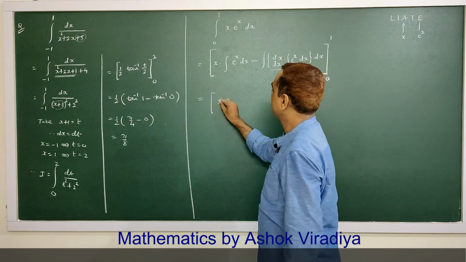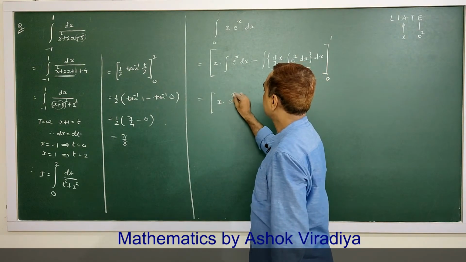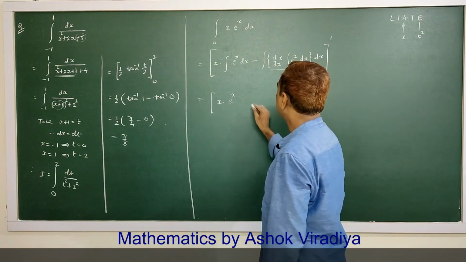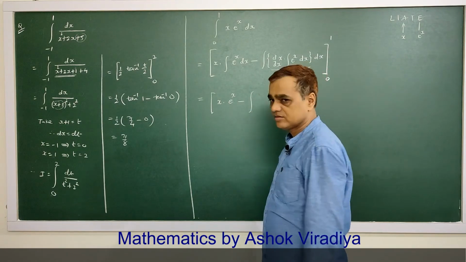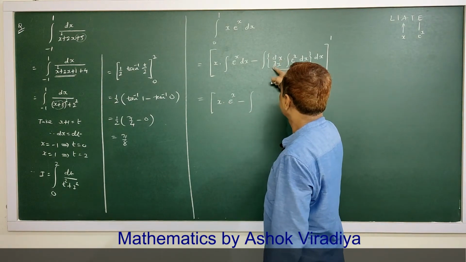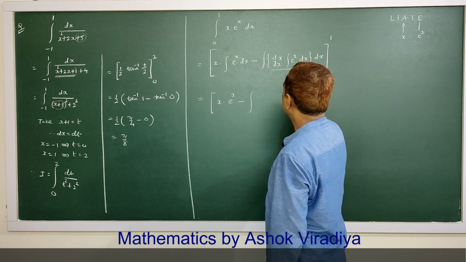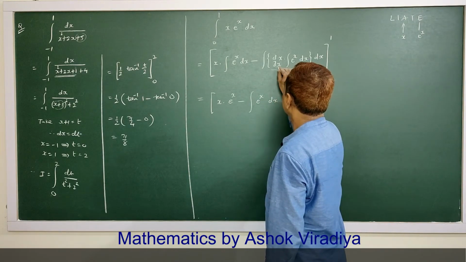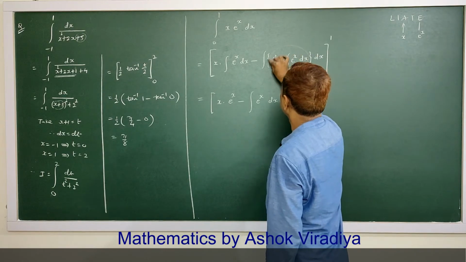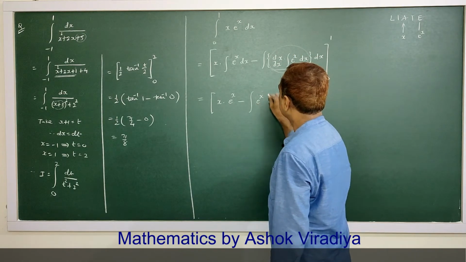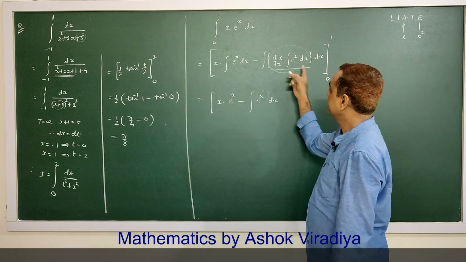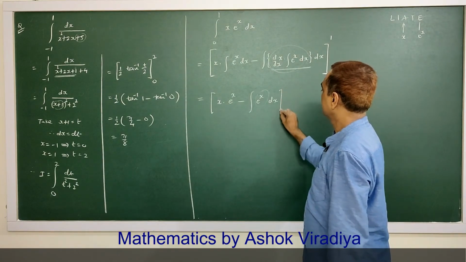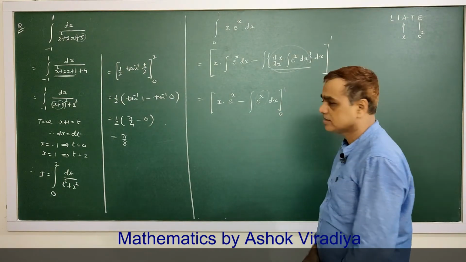So x into the integral of e raised to x is e raised to x, minus the integral of, this is 1 into e raised to x dx. So the simple form of this is e raised to x, 1 into e raised to x, 0 to 1.